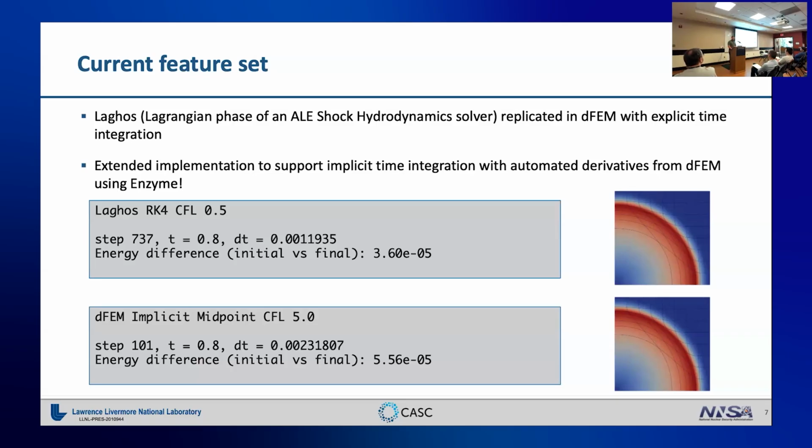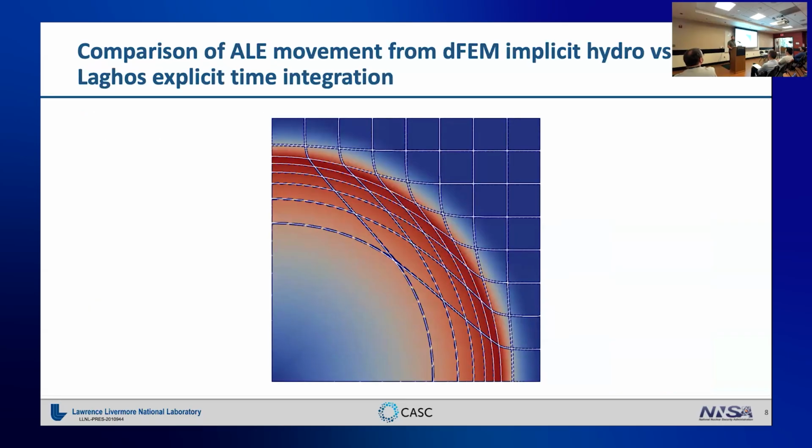But it opens up the opportunity for research and for exploring new methods, right? Before, the burden of implementing that was way too large to justify the time. So this is the ALE overlay.